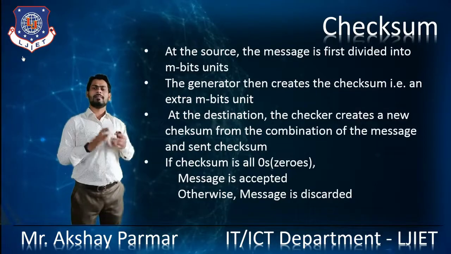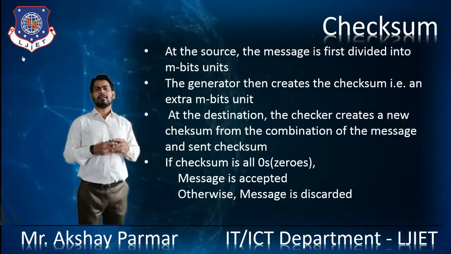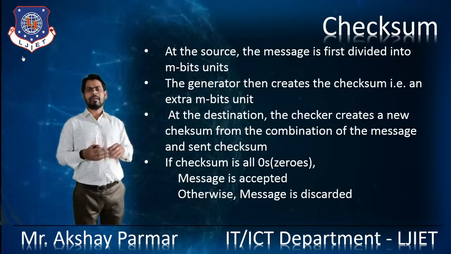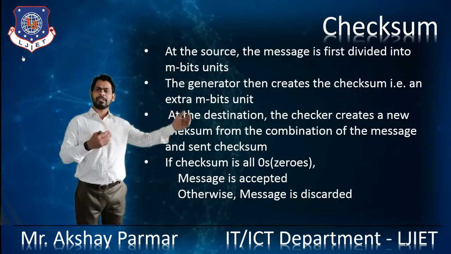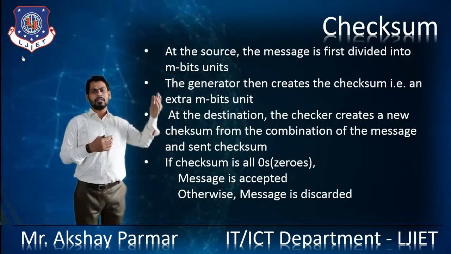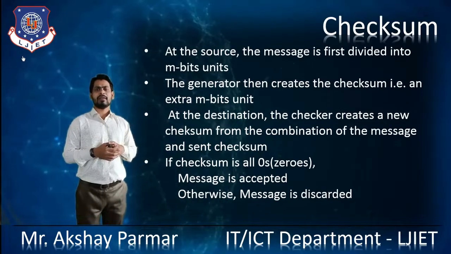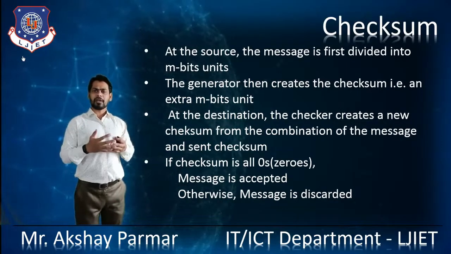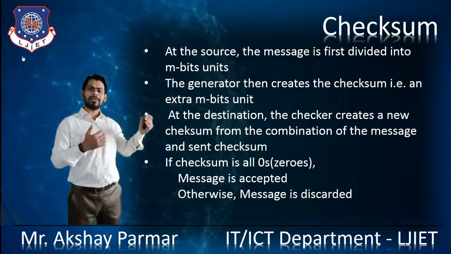At the source, the message is first divided into m-bit units. As discussed, we have an n-bit sequence, and that sequence is divided into k parts, each part having m bits. After that, the generator creates the checksum, which is an extra m-bit unit.